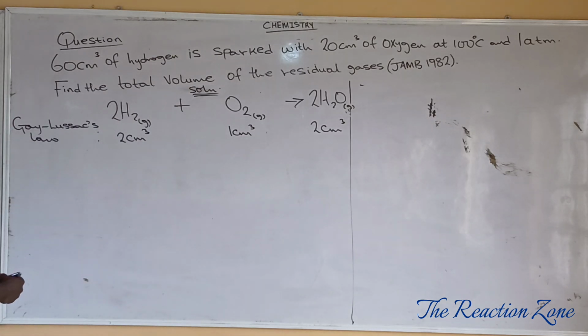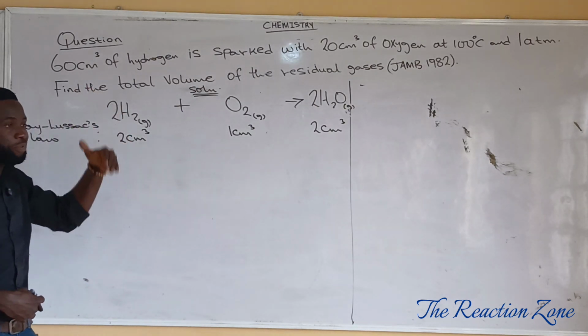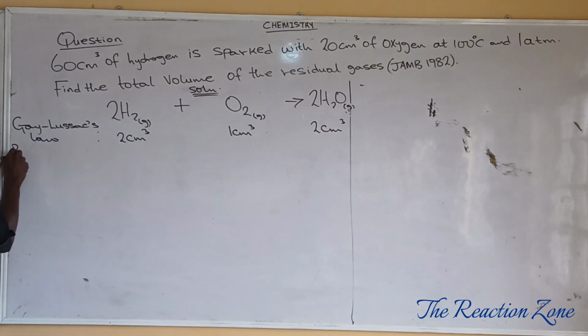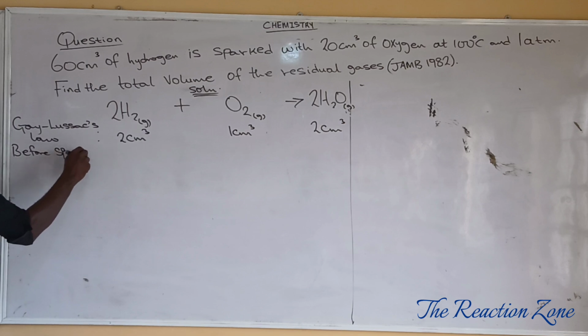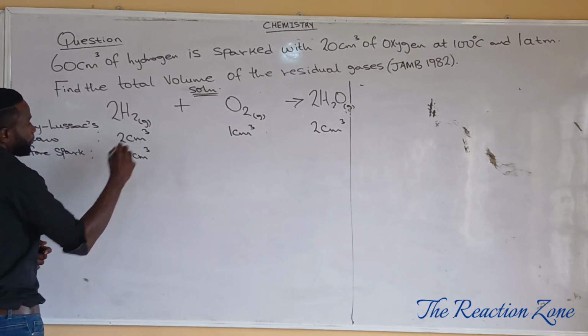Before we do that, let us indicate the volume of hydrogen and the volume of oxygen that we have before they are sparked together. So, before spark, the volume of hydrogen is 60 cm³.